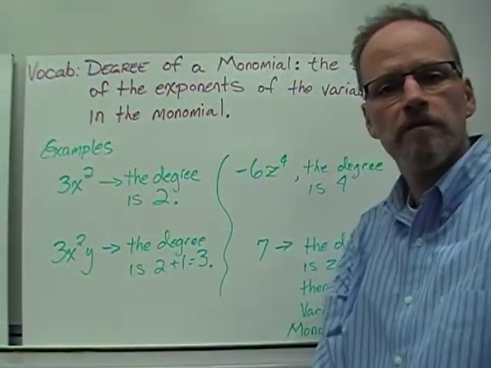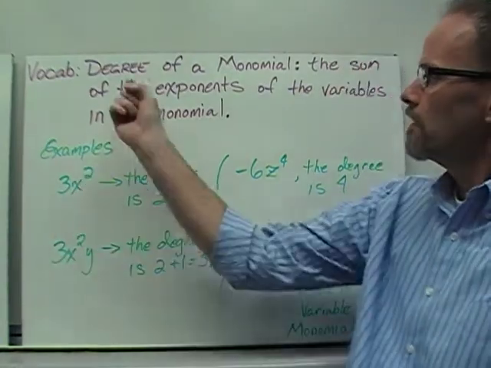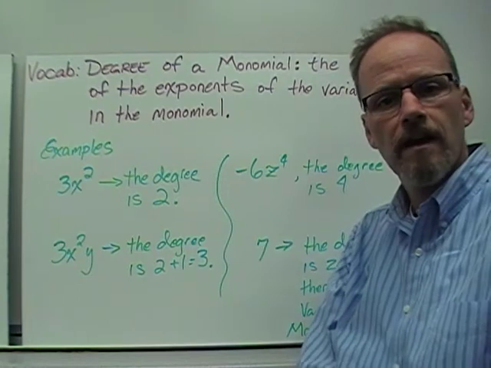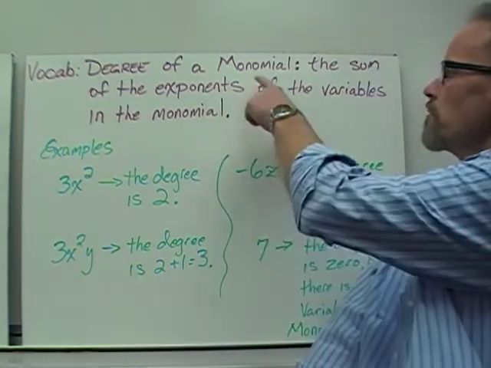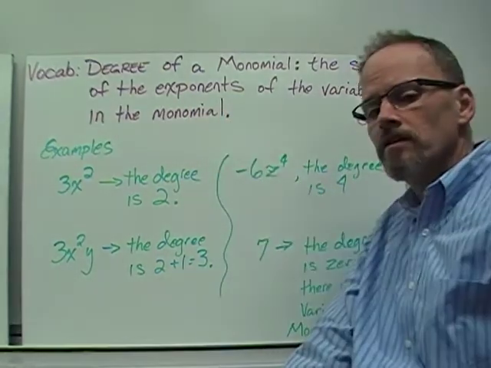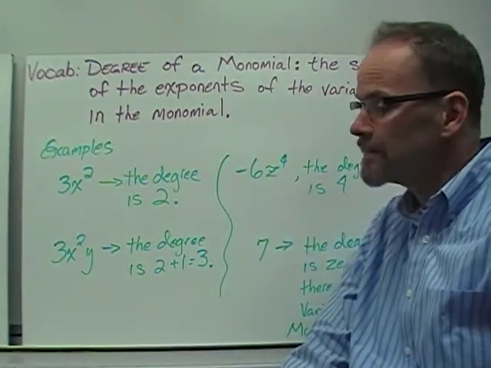Another piece of vocabulary for you: degree of a monomial. I'm going to need you to figure that out. That is the sum of the exponents, so we're going to be doing some adding.